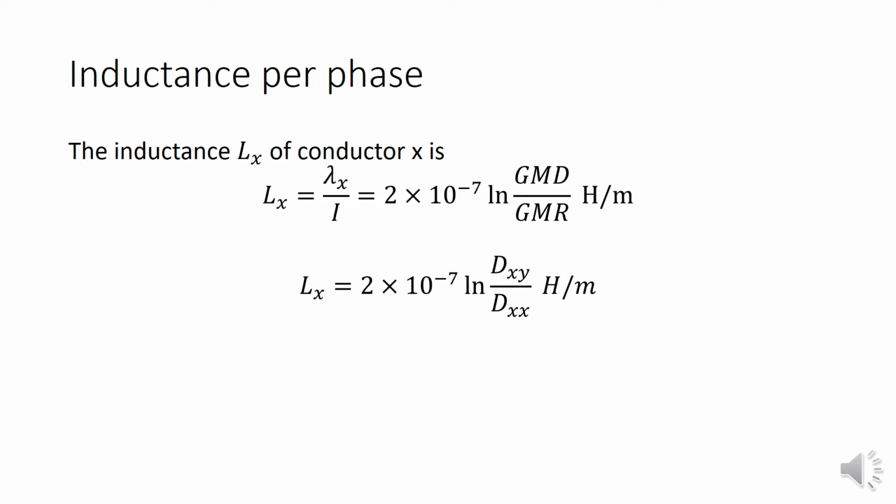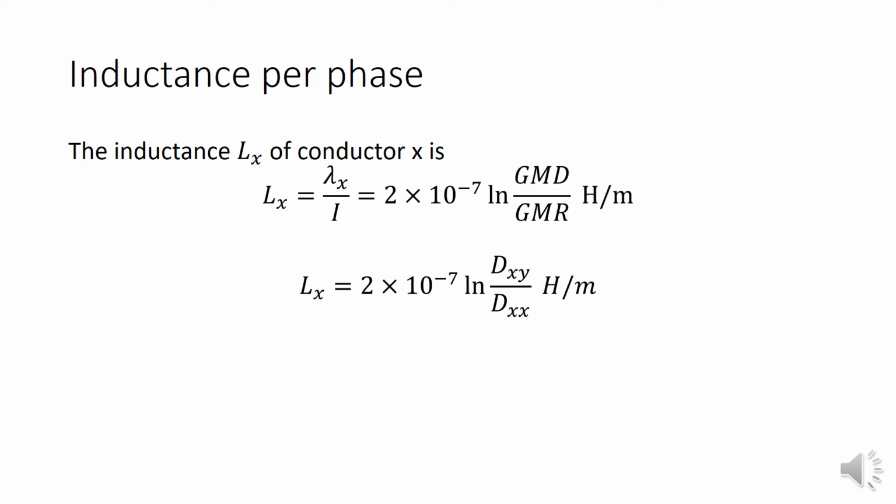Capacitance will be farads per meter, resistance will be ohms per meter. Likewise we will have the per meter. So we are calculating these parameters for 1 meter. That's why you can see our units are Henry per meter.